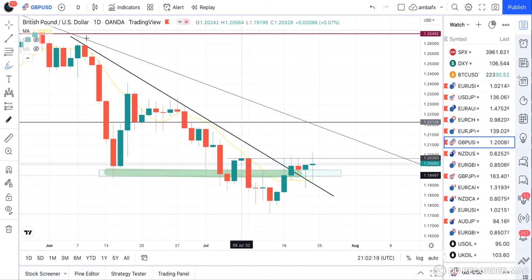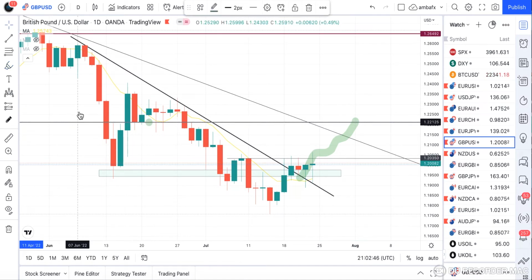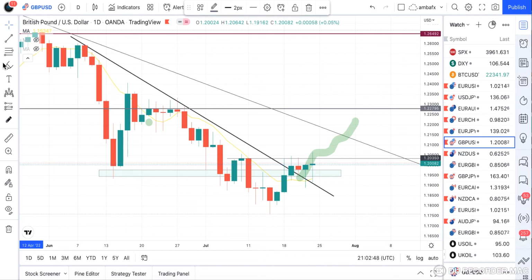So this tells us that on Monday and Tuesday, before the FOMC, we should see a retracement to the upside to this particular level, because this level is also a level of resistance, and it is a very strong level. This level right here is a very strong level of resistance, so we should see a move here.